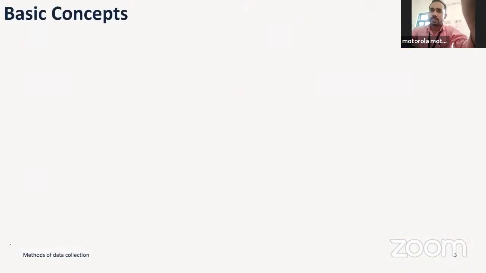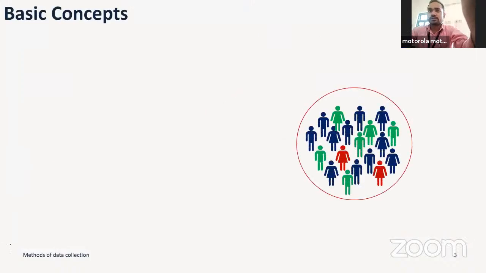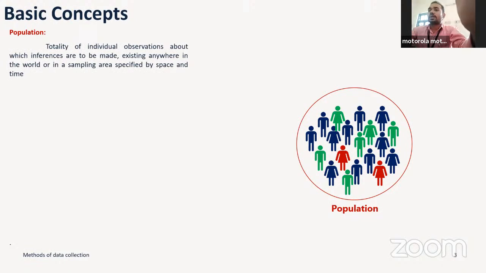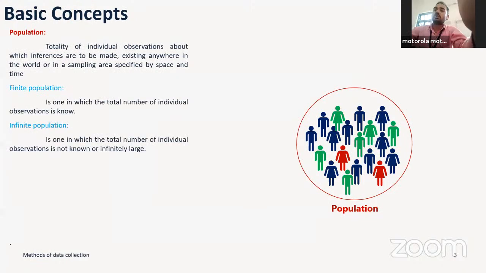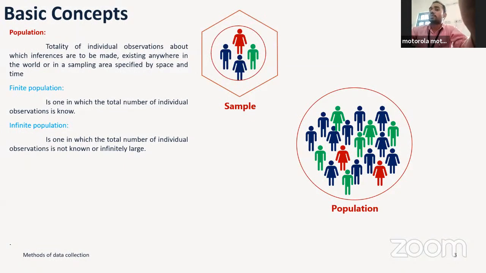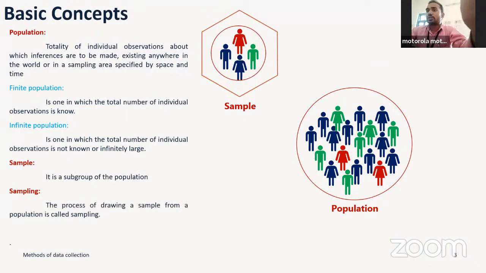Dear friends, when we are formulating our research objectives, at that time we should know these terminologies to design the statement of the problem and to understand the objective of our research.